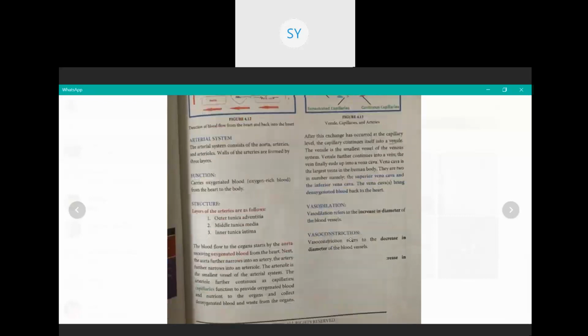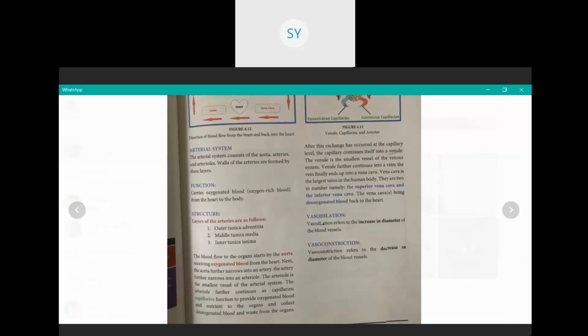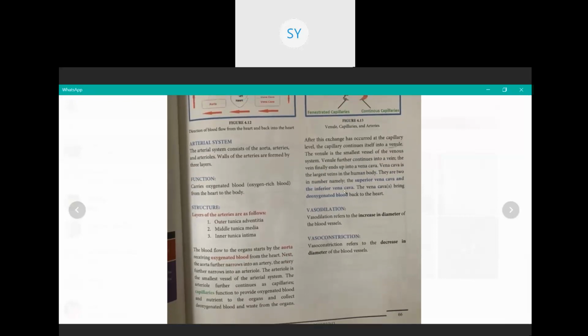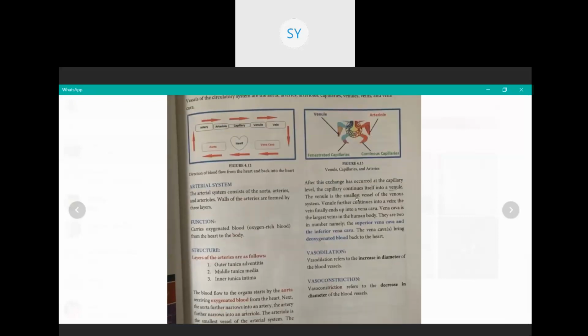Now see here, I'm talking about some exceptions. There are only two exceptions, so don't get confused. If you want to write, just write it. First, if you see a pulmonary vein, don't think it carries deoxygenated blood, because I told you a vein does, but there is always an exception.